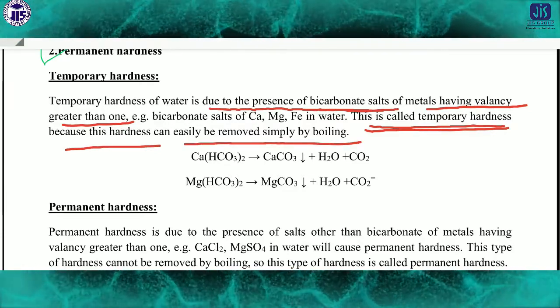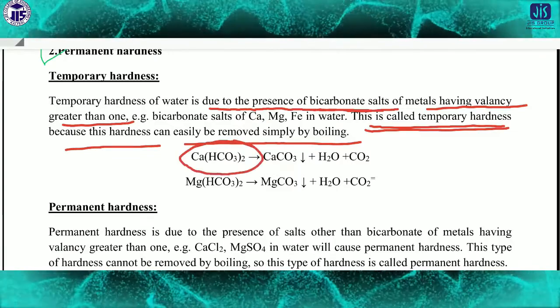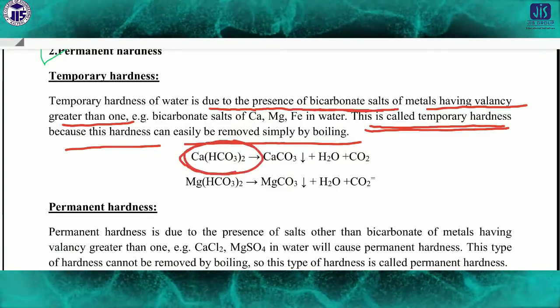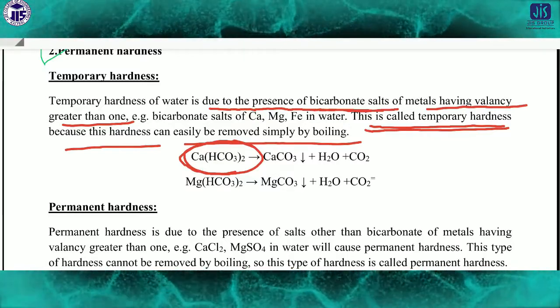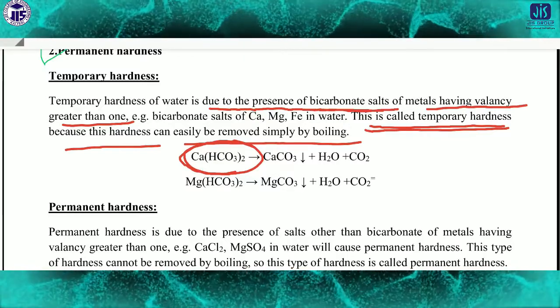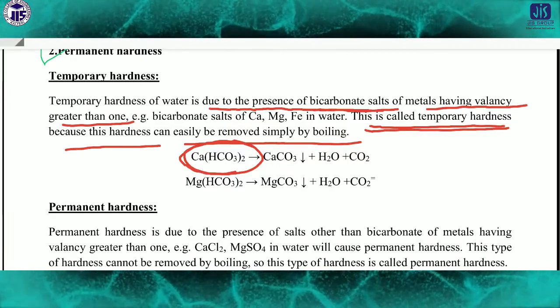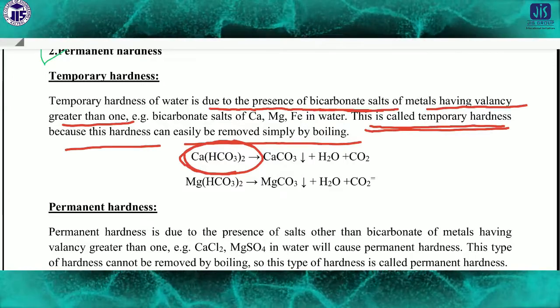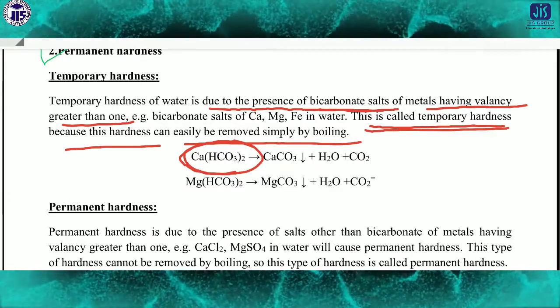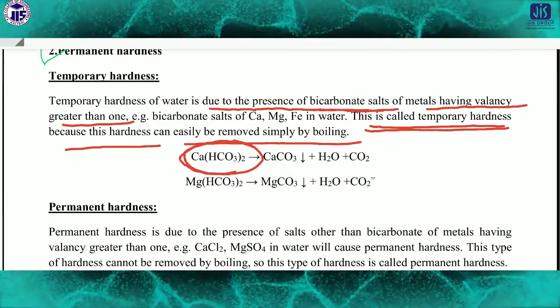So like calcium bicarbonate. Only bicarbonate ion, then either calcium bicarbonate or magnesium bicarbonate, these two salts are mainly responsible for the temporary hardness. So if you give some heat, that means if you apply some temperature, then what happens?